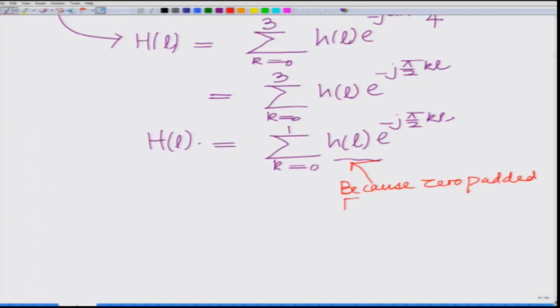We have h0 and h1, and h2 and h3 are really speaking 0. One way to think about this is to say that only small h0 and small h1 are non-zero, while small h2 and small h3, the second and third channel taps, are 0.